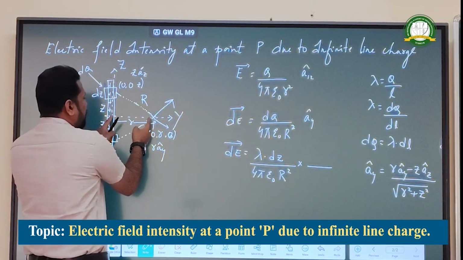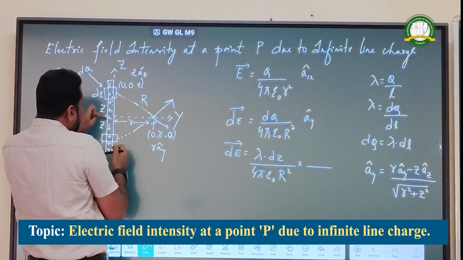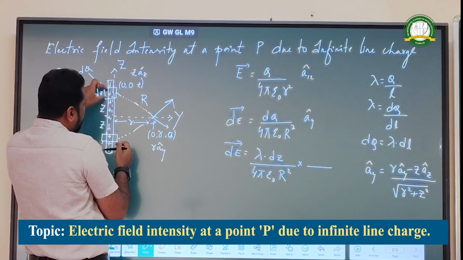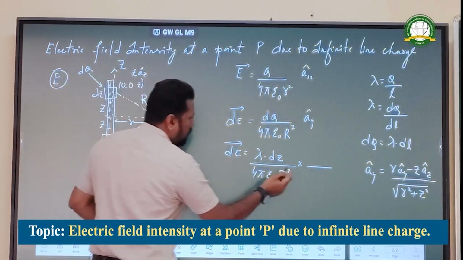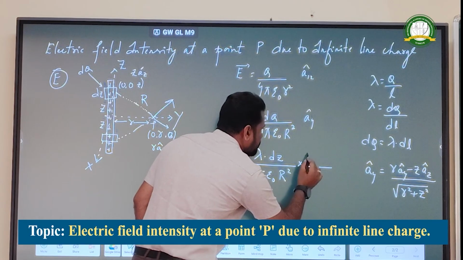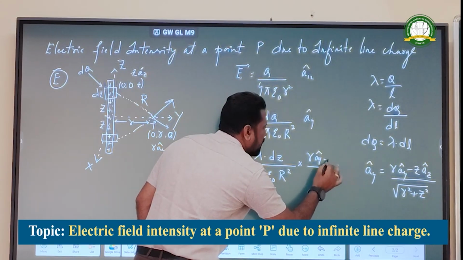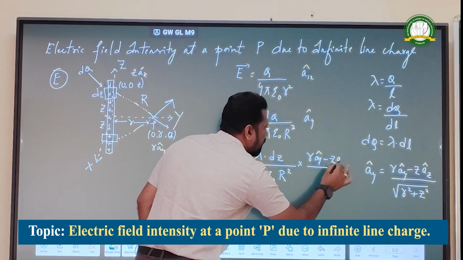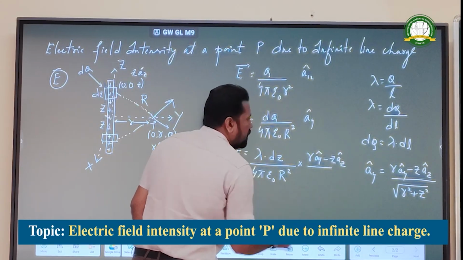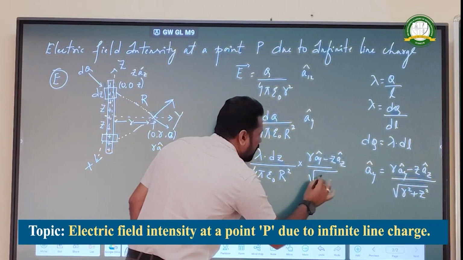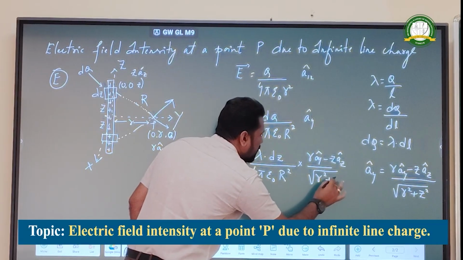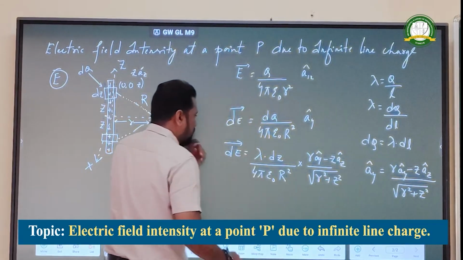R is the distance from this point to point P, and R is the distance from origin to the differential segment dz. So substituting this in the above equation, it is r a_y cap minus z a_z cap divided by square root of r square plus z square.